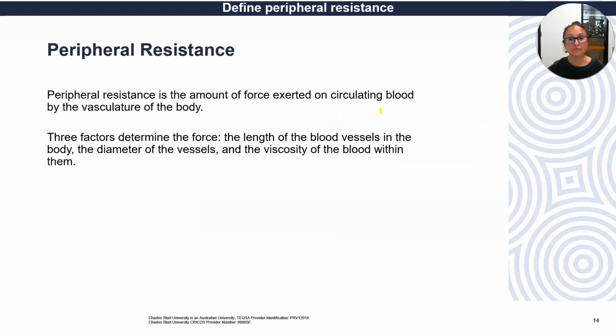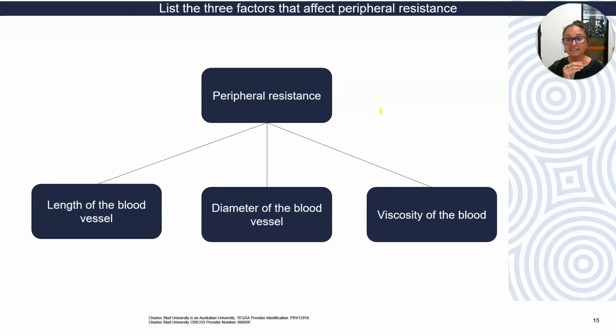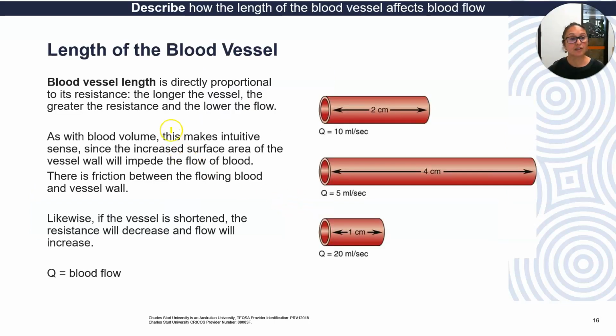So this is the blood vessel impacting on the blood. How does that work? Well, peripheral resistance is influenced by these three factors. Here we go. First, the length of the blood vessel. The blood vessel length is directly proportional to its resistance.